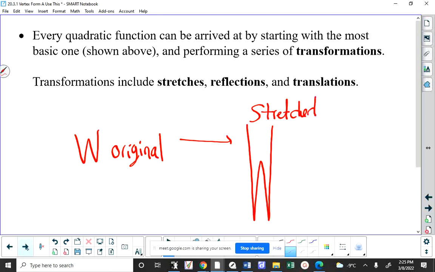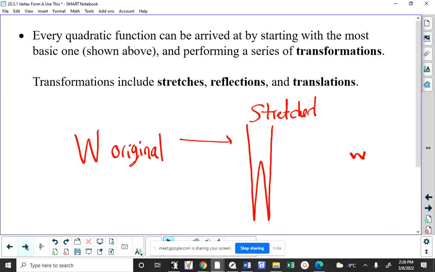I can take that original and turn it into that. And I'm going to adjust that slightly. And turn it into that. It's the same width, but I've squished it. That's still a stretch. A stretch can make something bigger or smaller.